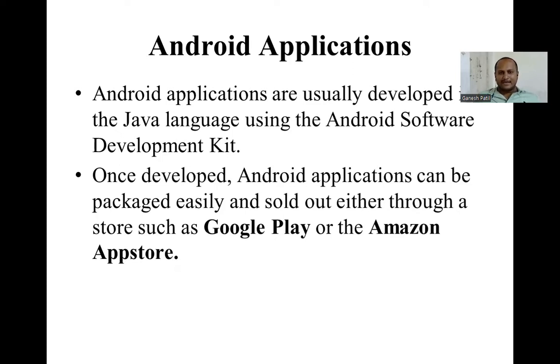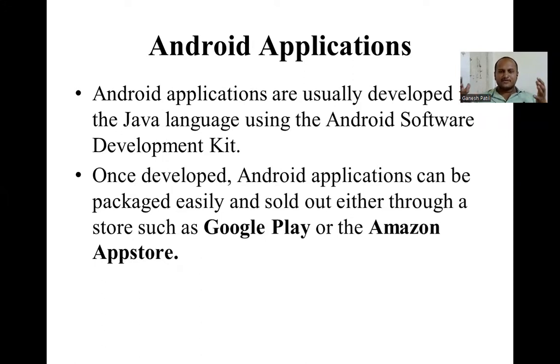Once developed, an Android application can be packed easily and sold either through a store such as Google Play, or the Amazon App Store. For example, I have developed one Android app with the help of the Java language and Android Studio.